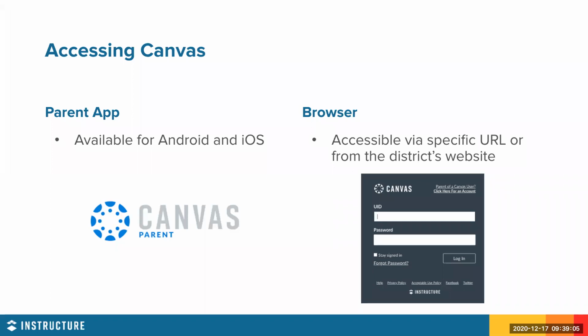Because there are two ways that they could essentially get to this login page. That's either by typing in the direct URL or perhaps it's been linked from the district's page and they just click on something and it takes them here. And then in the app, it's all the same. They just would download the Canvas parent app and access from there.